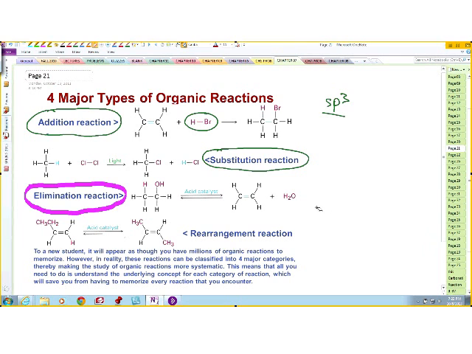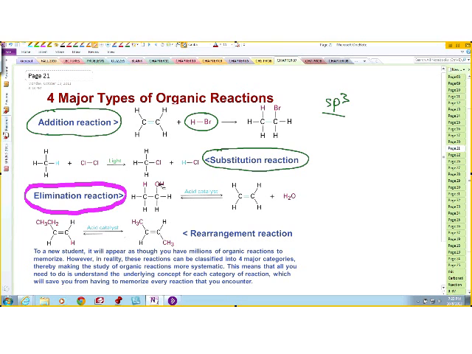We are removing a small molecule from a bigger molecule, right? Where do the two hydrogens come from? They are here. Okay. So in essence, we are eliminating the elements of water from this alcohol.